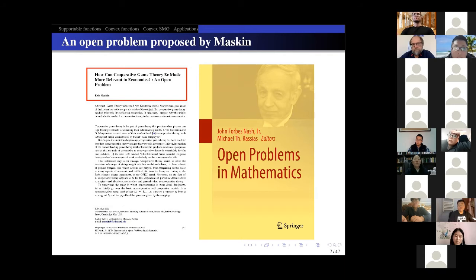It is a higher level model. To use a cooperative game theory model, we don't need to know so many details as in non-cooperative game theory. So many game theorists, including, for example, Eric Maskin, believe that cooperative game theory may be revived in the future, and they list this as one of the most important open problems in game theory.